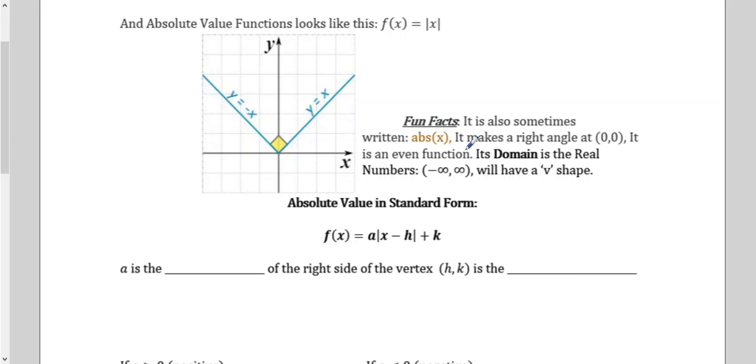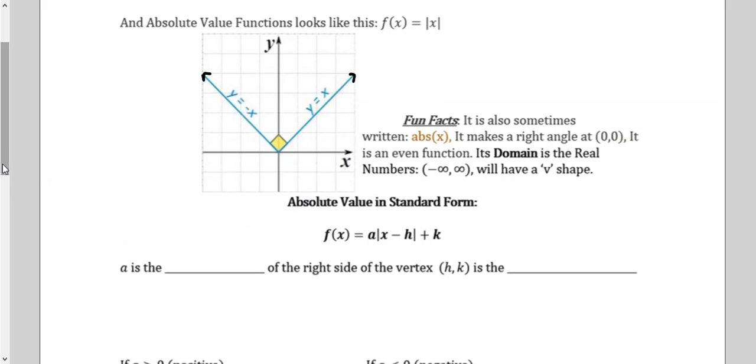It makes a right angle at 0, 0, it has a V shape, and it has the domain of negative infinity to positive infinity. So these keep going, but it goes from negative infinity to positive infinity.